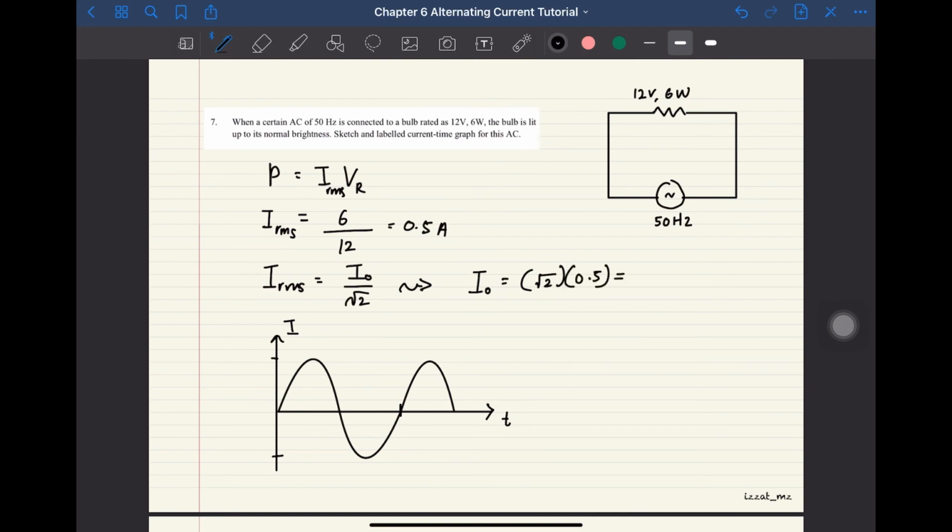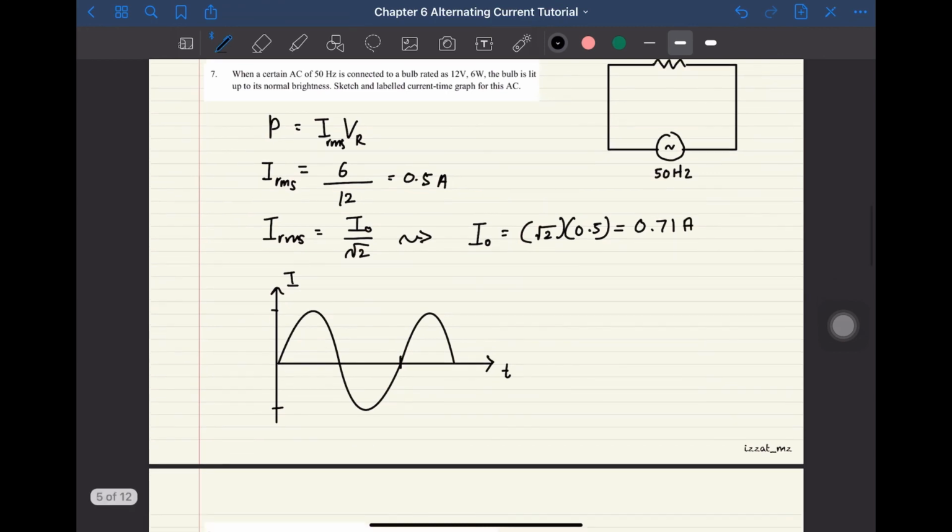Here I should get 0.71. So this is the value of I naught, and you can put this one as well. Don't forget the negative one. The unit will be in ampere.